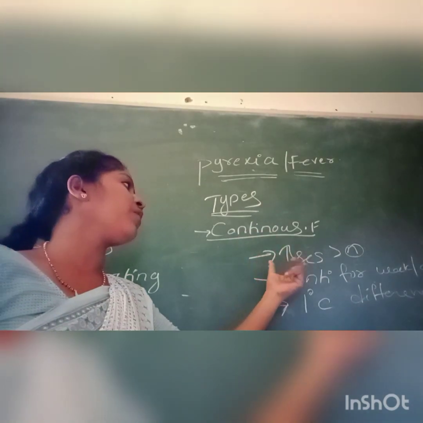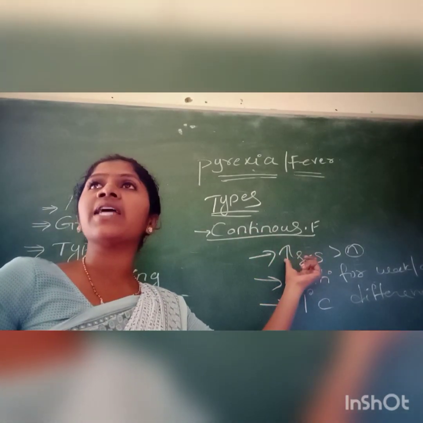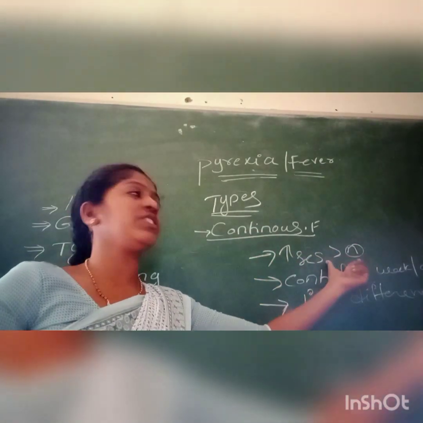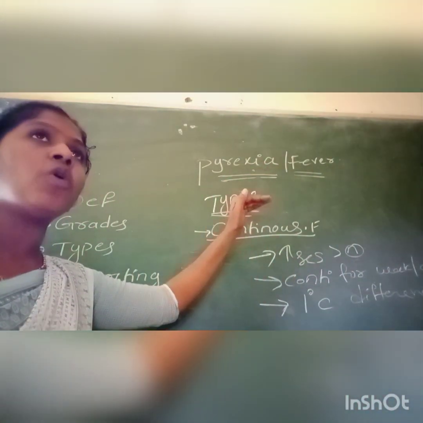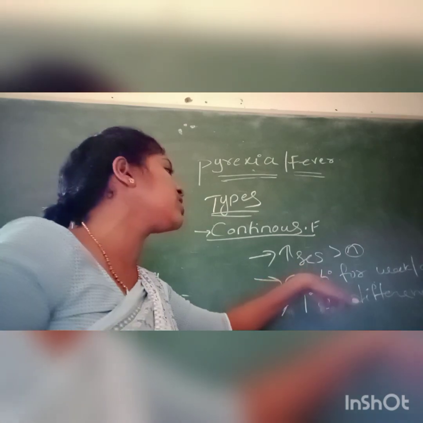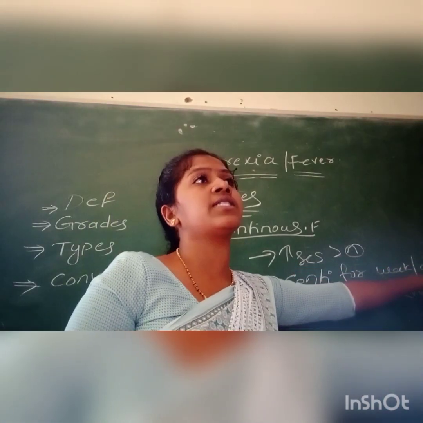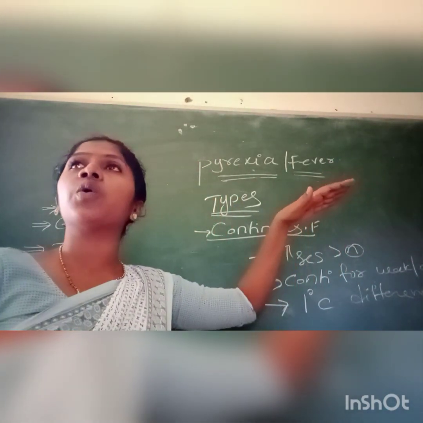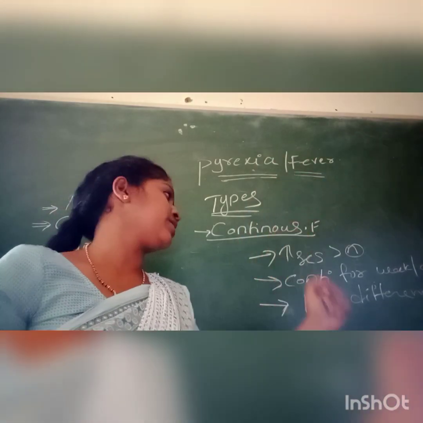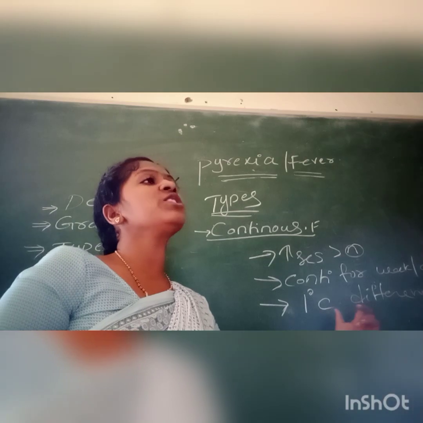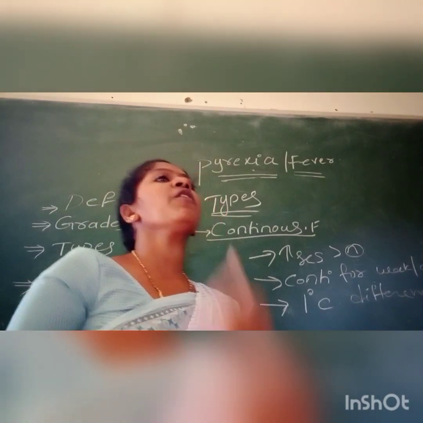So in continuous fever, what happens? The temperature rises more than the normal range and stays at that level for weeks or days. There may be a 1 degree Celsius difference; it may fall 1 degree.